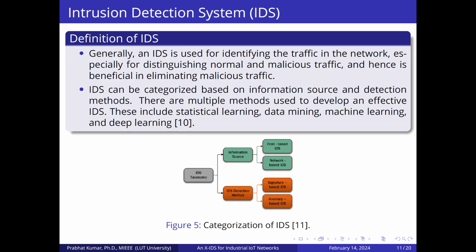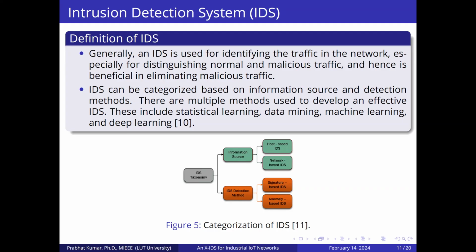But if they are the same, it means it is not a normal user, and you can put it in an attack category. So you have a database in which you know some predefined rules, based on which you can classify whether the data coming from a host is from a genuine, or benign, user.